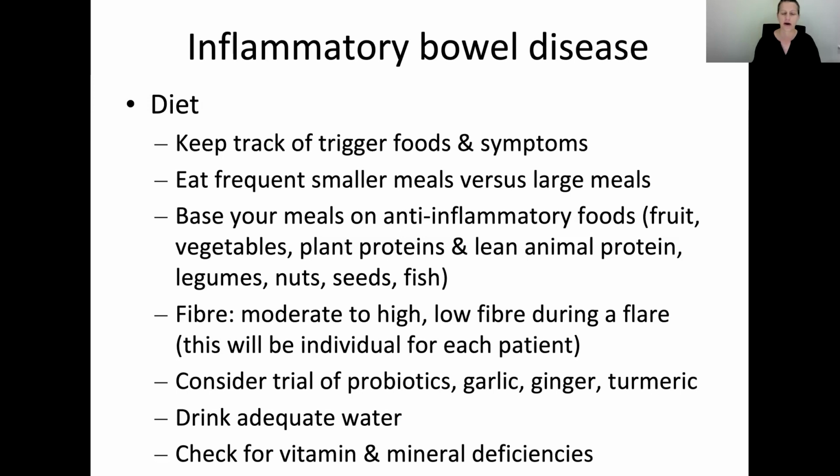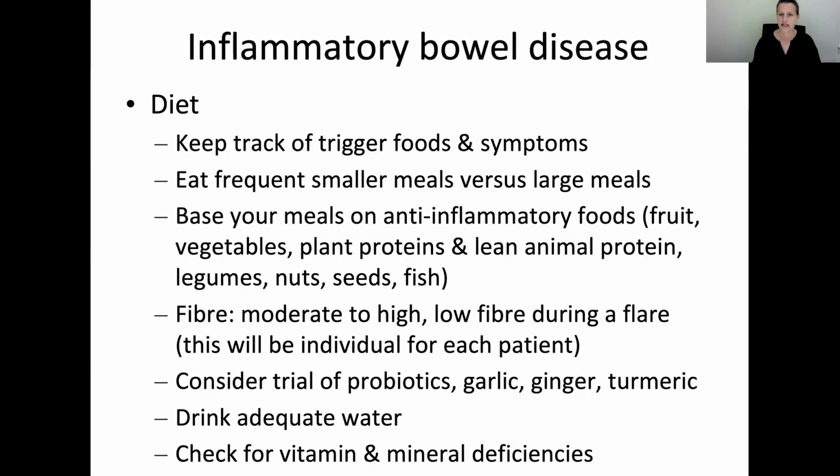Just like we talk about the Mediterranean style of eating, and we talk a lot about anti-inflammatory foods for arthritis, it can be helpful in inflammatory bowel disease as well. So basing foods on fruit and vegetables and plant proteins. If you're eating animal proteins, then we want those to be lean, take the saturated fat out of them, and include things like legumes, nuts, seeds, and fish.